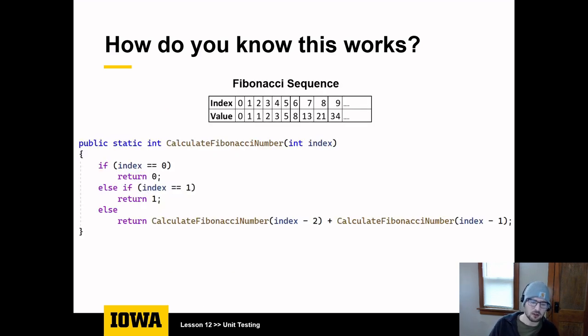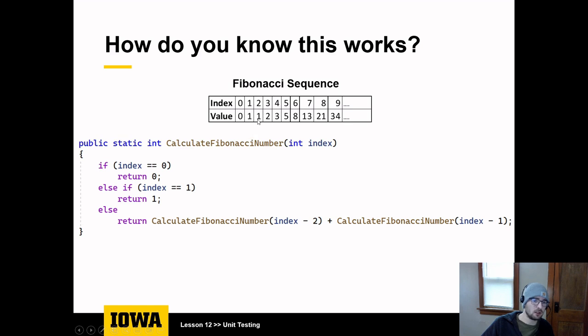So let's look at a harder example. This is a static method that calculates a number in the Fibonacci sequence. If you're not familiar, the Fibonacci sequence is an infinite sequence, but it's defined as the first value, or the value at index 0, is 0, the value at index 1 is 1, and then every value after that is defined as the sum of the previous two values.